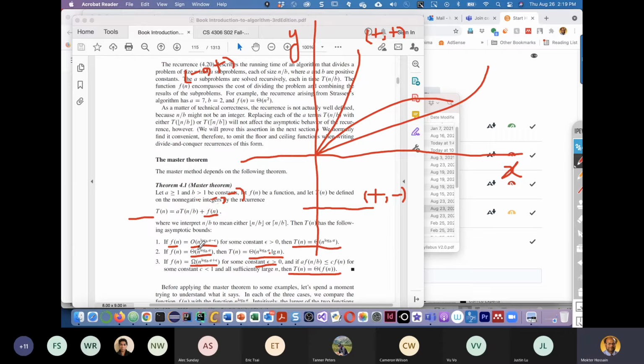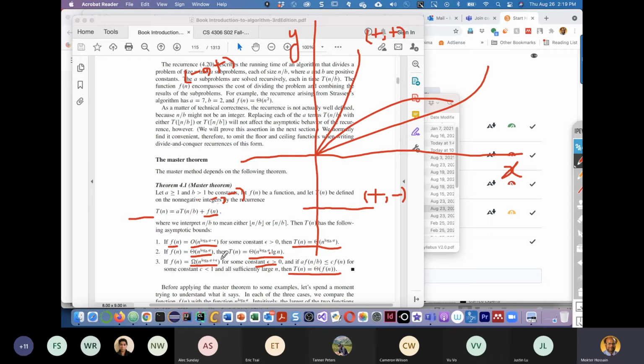Now at this point, has anyone any question? Please speak out. This theorem is a little bit critical and confusing.